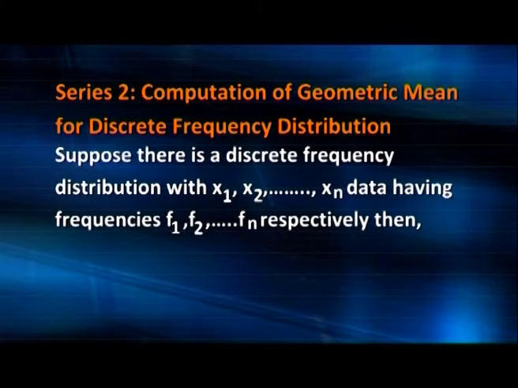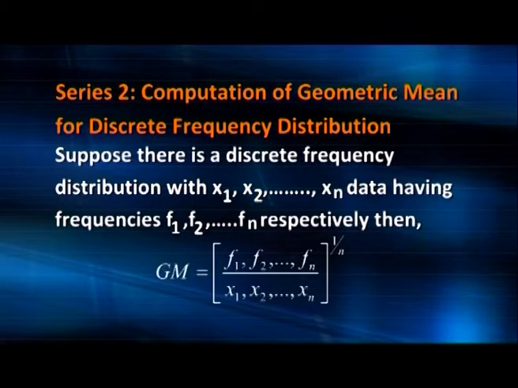Suppose there is a discrete frequency distribution with x1, x2 and so on to xn, with data having frequencies f1, f2 and so on to fn respectively. Then the geometric mean is the root of the product of the frequency with the variable.